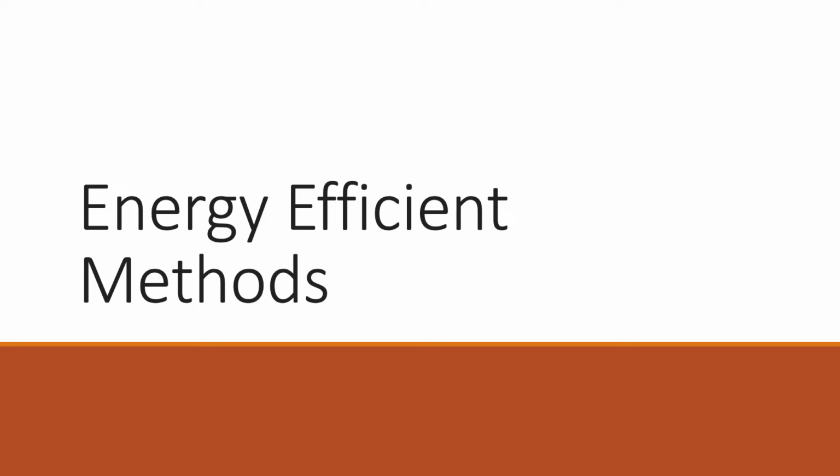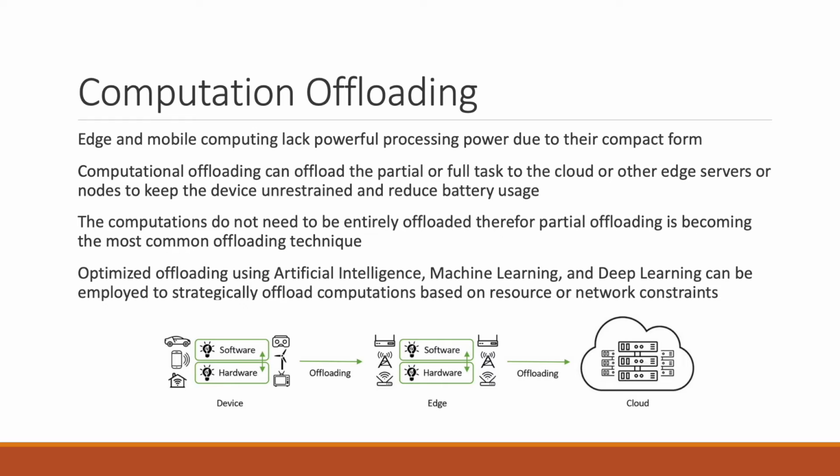Next, we will discuss the state-of-the-art technologies and efforts to address the energy inefficiency from the earlier case studies. One of the reasons for energy inefficiency on the edge is overcomputation.